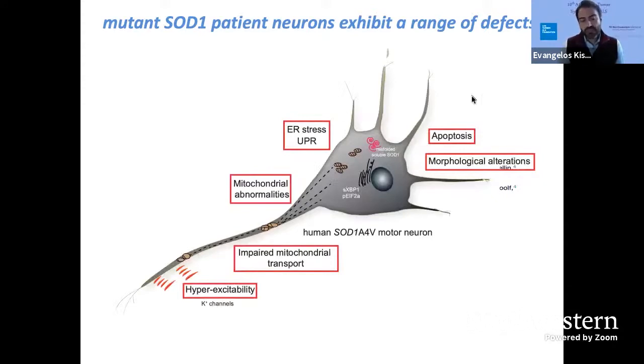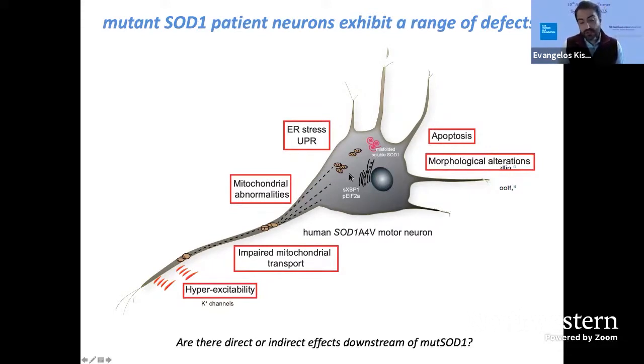These ranged from ER stress and the unfolded protein response, to mitochondrial abnormalities, impaired mitochondrial trafficking up and down processes, hyperexcitability, and cytoskeletal dyshomeostasis. Although we showed that there is some level of misfolded SOD1 protein, we really did not address how the accumulation of this protein leads to these downstream pathways.